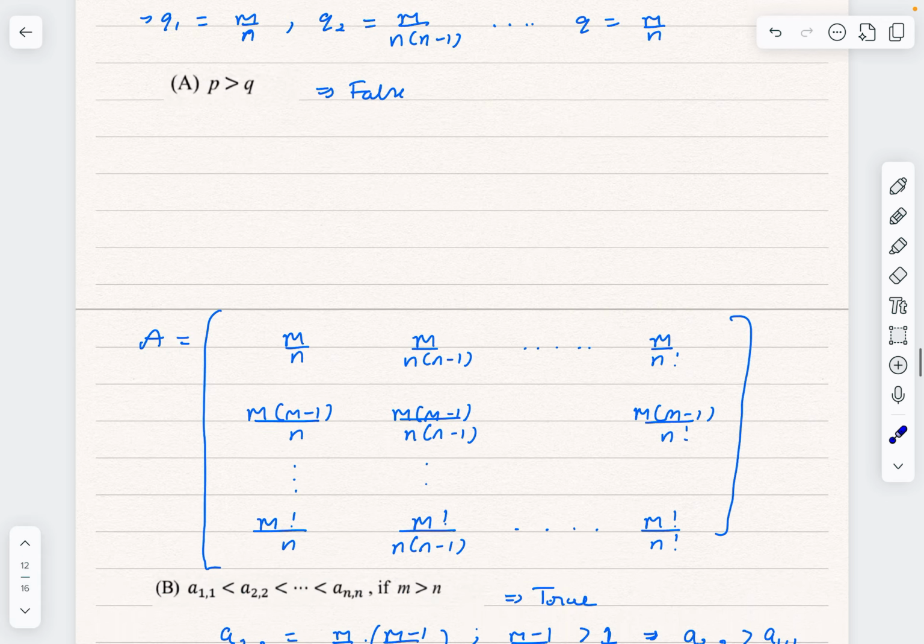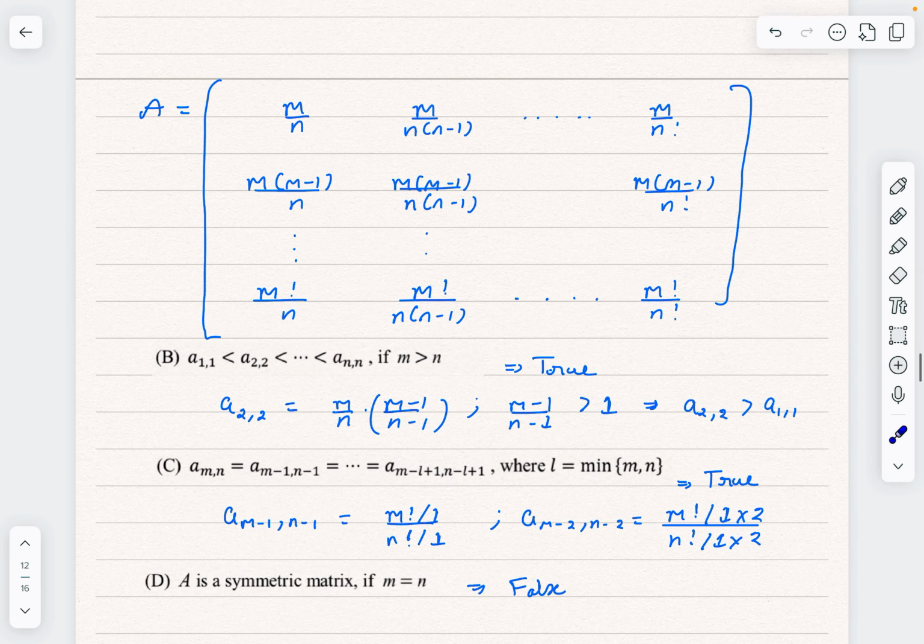Next. In option B, they're asking that A11 is less than A22 less than A33 up to Ann if m is more than n. So A11, you see, is m by n. A22, you see, is m by n into m minus 1 by n minus 1.